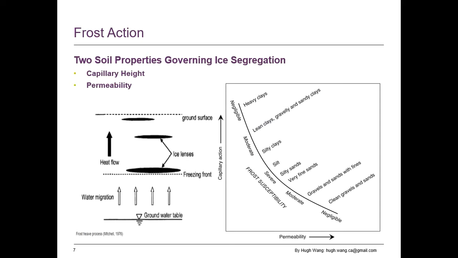There are two soil properties governing the ice lensing or ice segregation process. The first one is the capillary head. The second one is permeability. Let's look at the soil between the freezing front and the groundwater table.